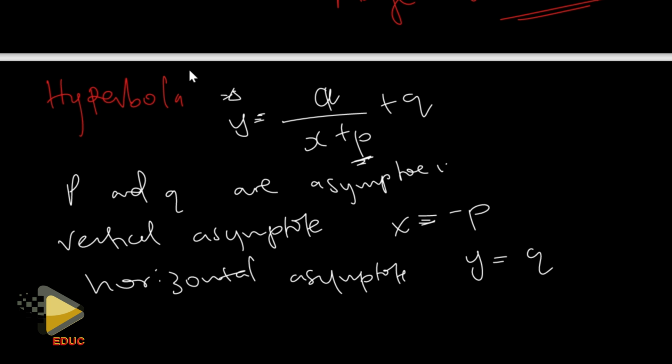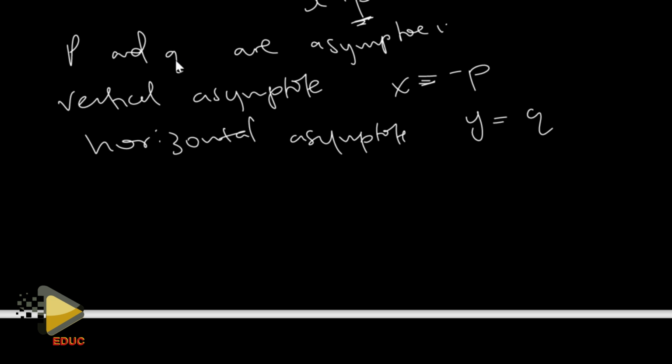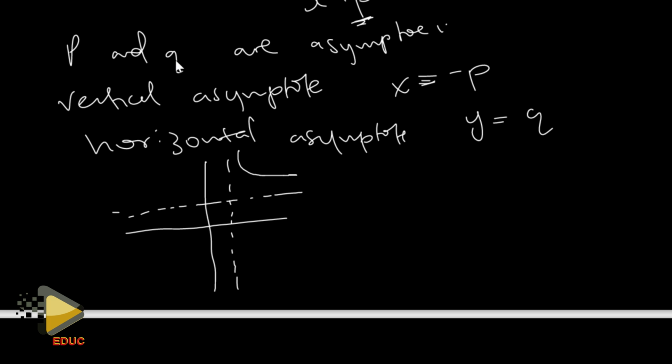Now, let me just put that as an a. We know that the shape of a hyperbola is that we must have two arms. In grade 10, it was very direct. Let me take a to be greater than 0. So the hyperbola must be in quadrant 1 and quadrant 3.